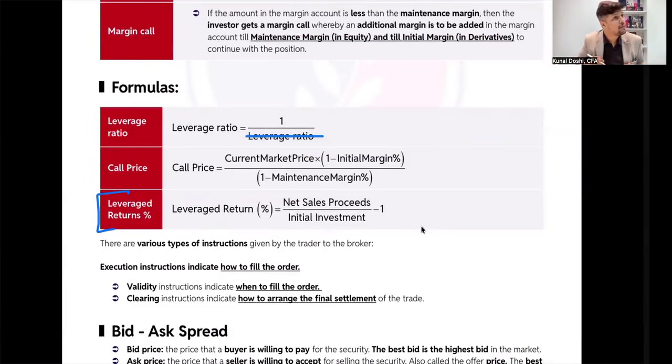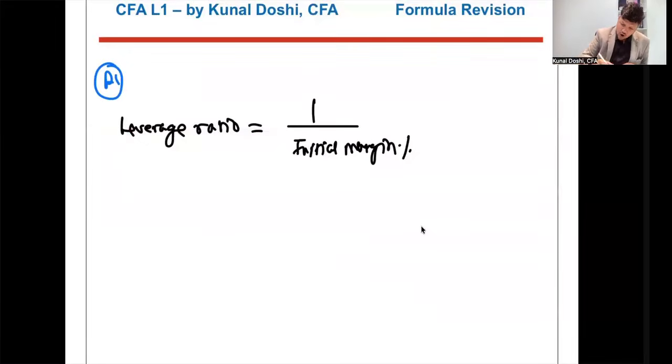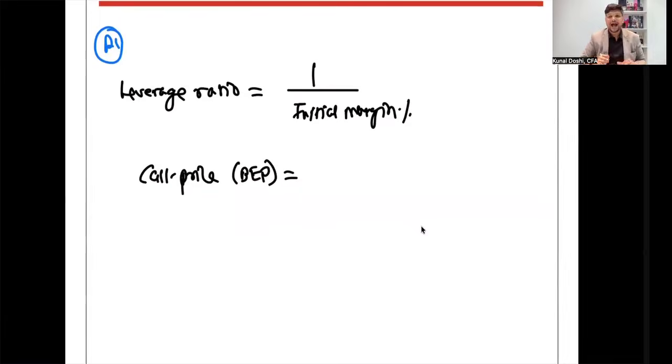There is something called call price or break-even price. Can someone tell me what is this call price? Call price, I also call break-even price. Why? Because this is the point at which the margin call will trigger. So you always take the current market price, that is P0, into 1 minus some margin over 1 minus some margin.